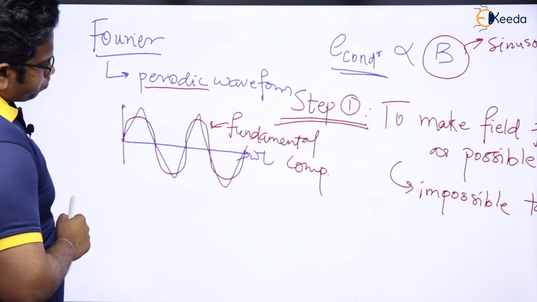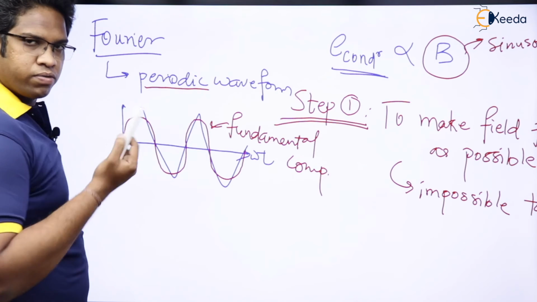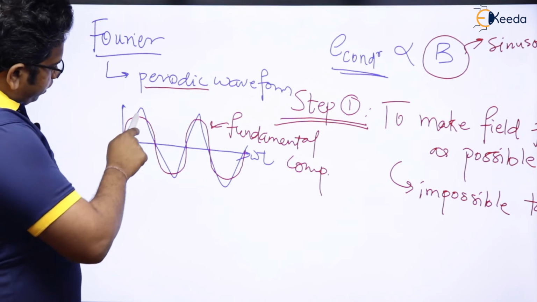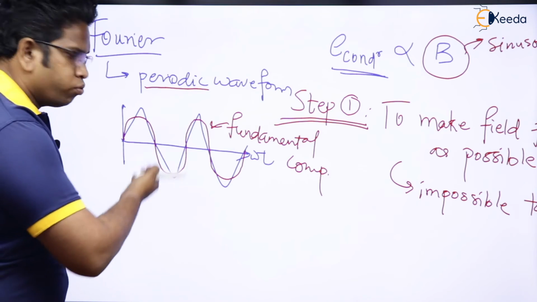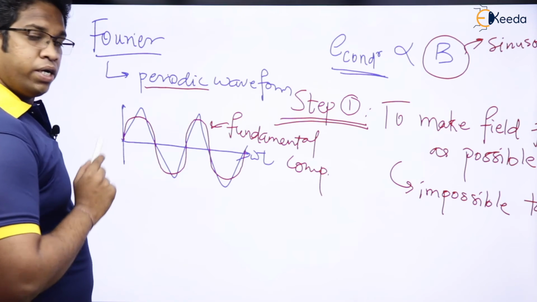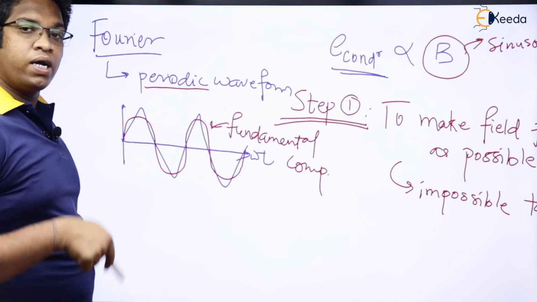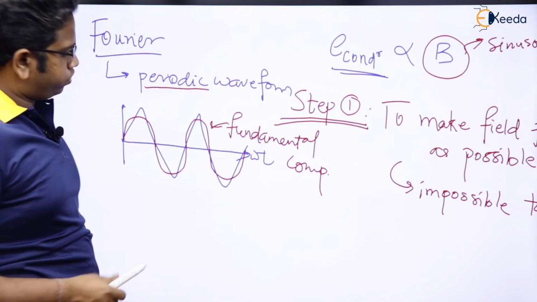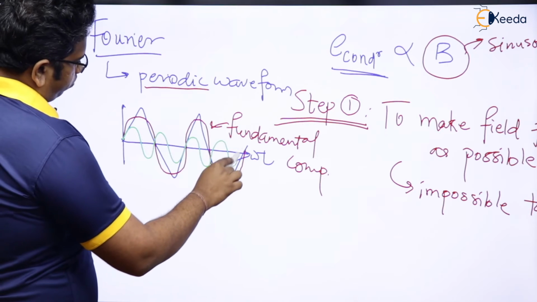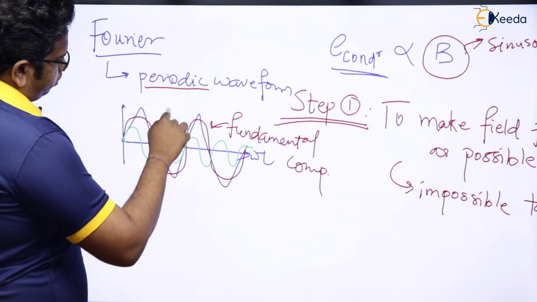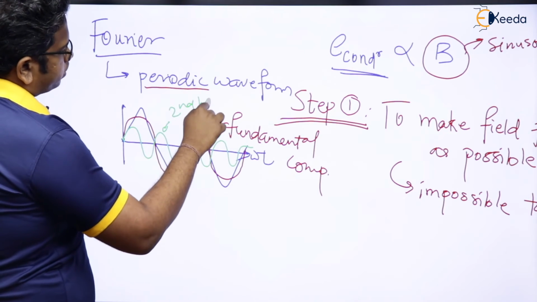Anyways, let me think of some other components also, because this particular blue is not equal to red. So in order to make them equal, what do I need to do? Linear combination of sinusoids. Means there will be some more components here like this. This is the second harmonic. Why is it called the second harmonic, sir?